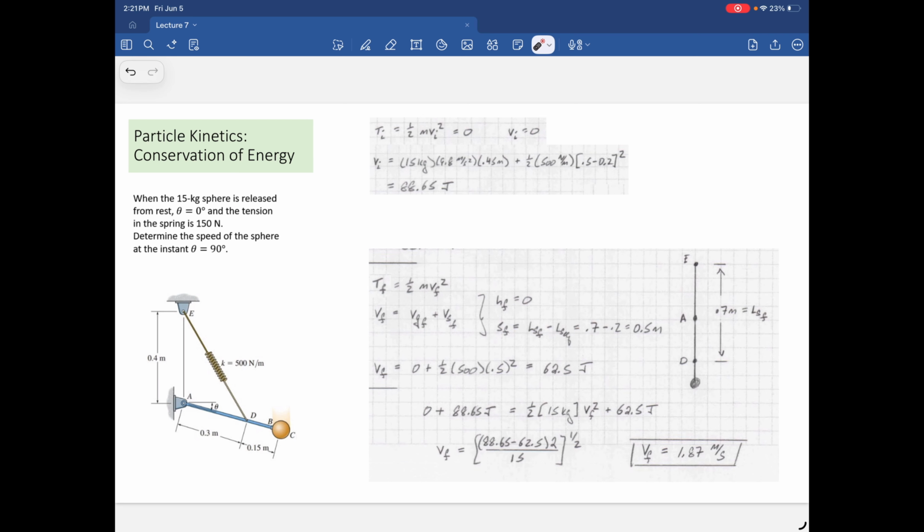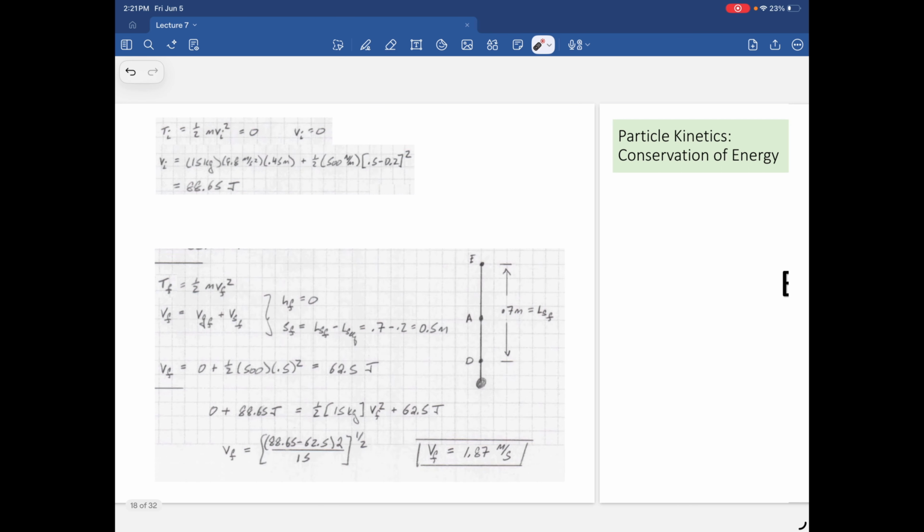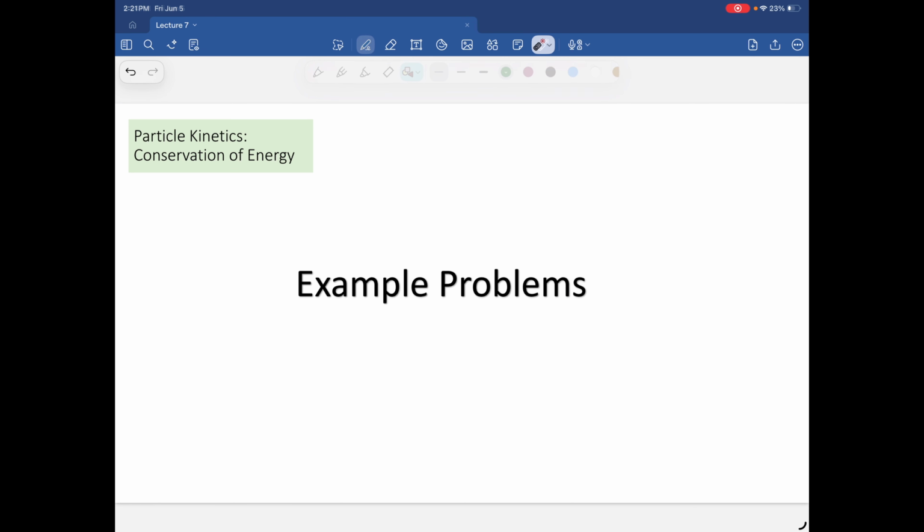So initial kinetic energy 0, initial potential energy 88.65 will equal my final kinetic energy, which has my unknown final speed of the sphere, plus the final potential energy of 62.5 joules. Solving that, we get a final velocity of 1.87 meters per second. You can go back to the work we did in last lecture and verify that those two values are identical. So now we'll take a look at some example problems.